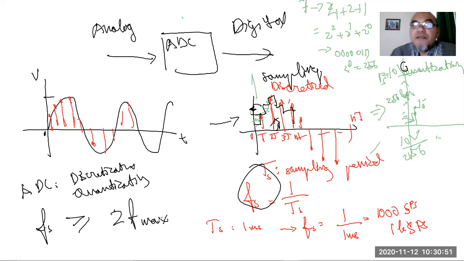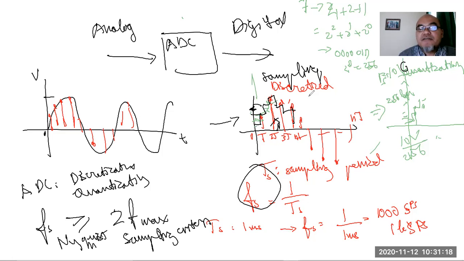If we want to reconstruct the original analog ECG using our computer, then the sampling frequency in our ADC has to be at least 200 hertz. The more, the better: 300 hertz, 400 hertz, 1000 hertz, even better. This is what we call the Nyquist sampling criteria.